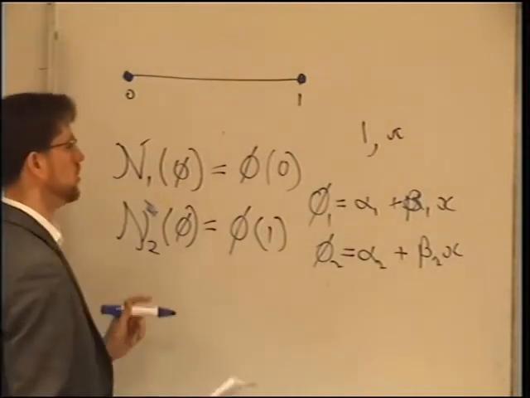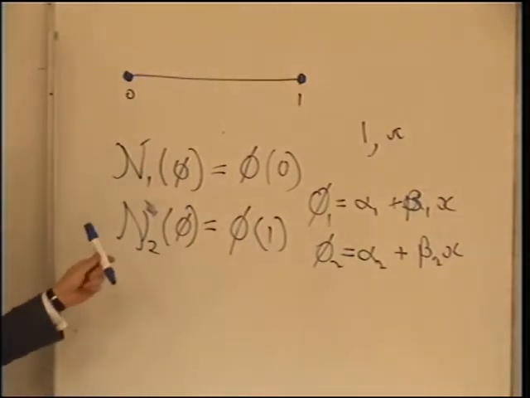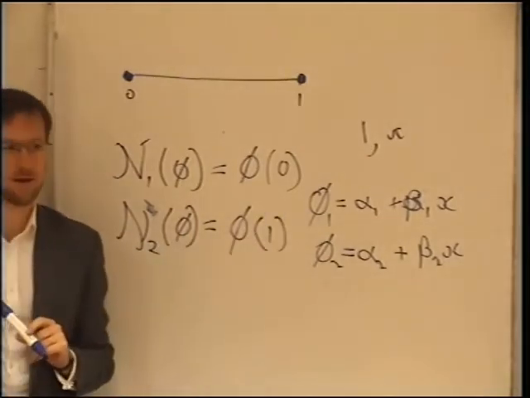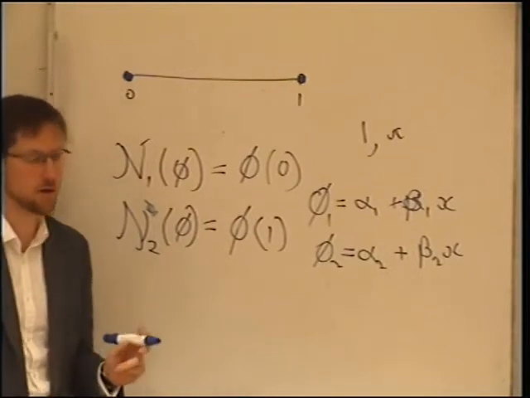Now remember, what do I know? If this is the basis dual to this, what I know is that when these basis functions hit these basis functions, then I have to get out the delta function. So I have to get the Kronecker delta.